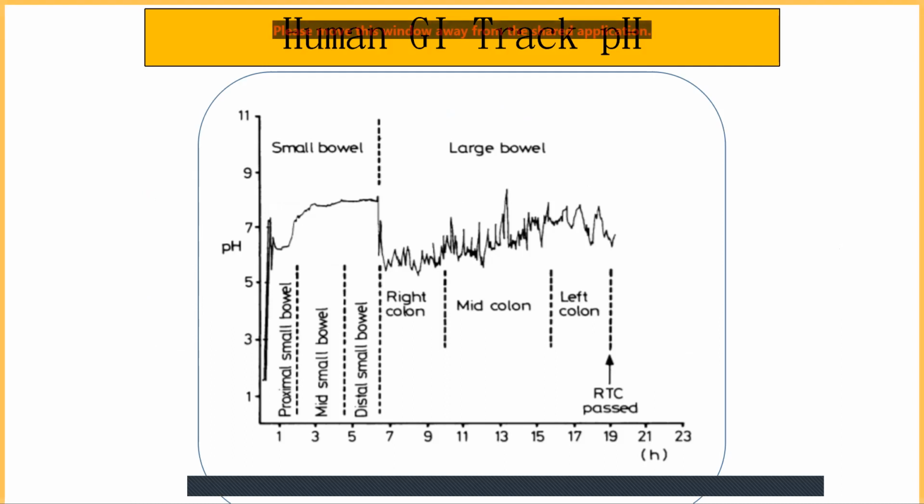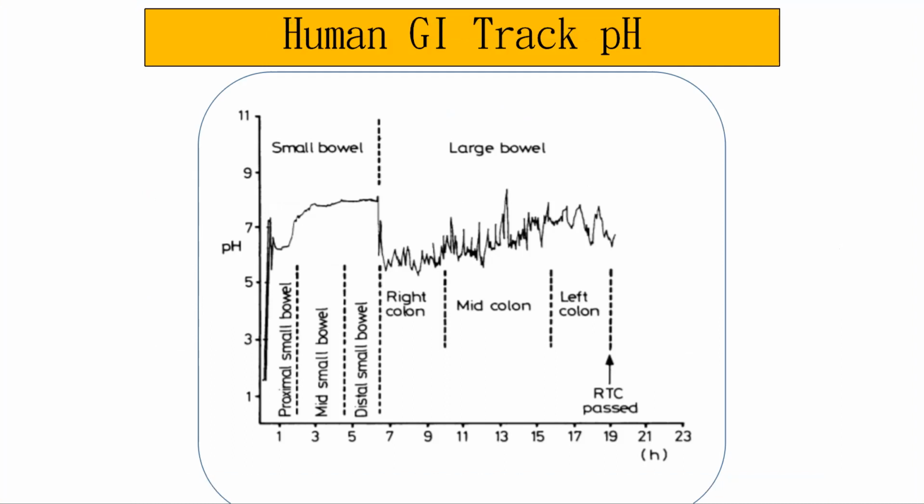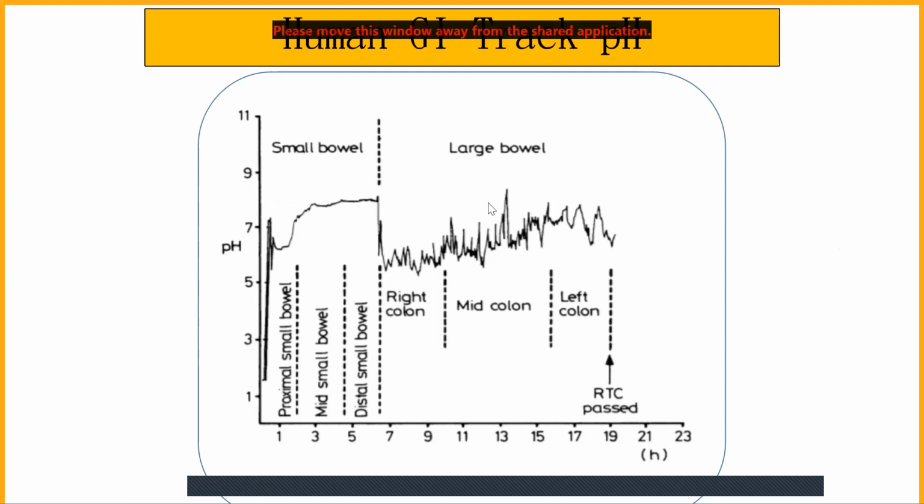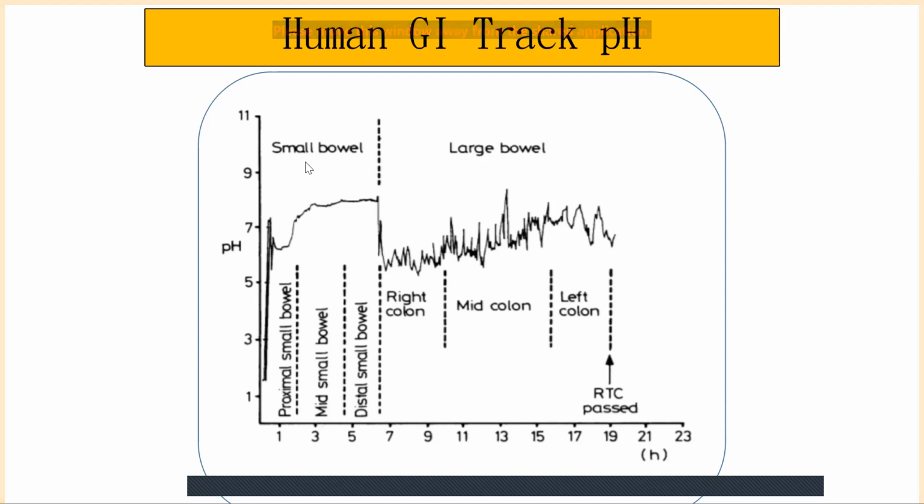Why is the GI tract pH important? NIH published this graph. What it tells us is how the pH changes with respect to time in the small bowel and large bowel.